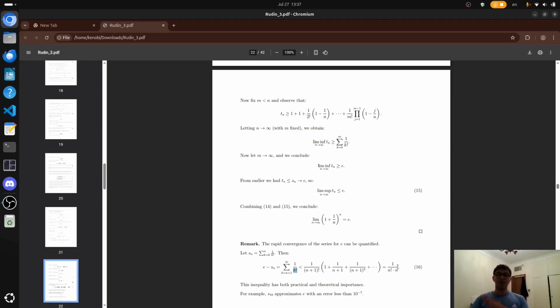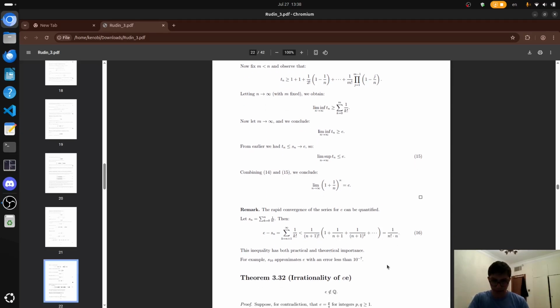And since it's going to be less than the other factorial, that means it's going to be less when you take its inverse. So it's going to be less than this thing, and we know this thing is equal to 1 over n factorial times n, which shows how quickly it converges, because S10 approximates e with an error less than 10 to the negative 7.